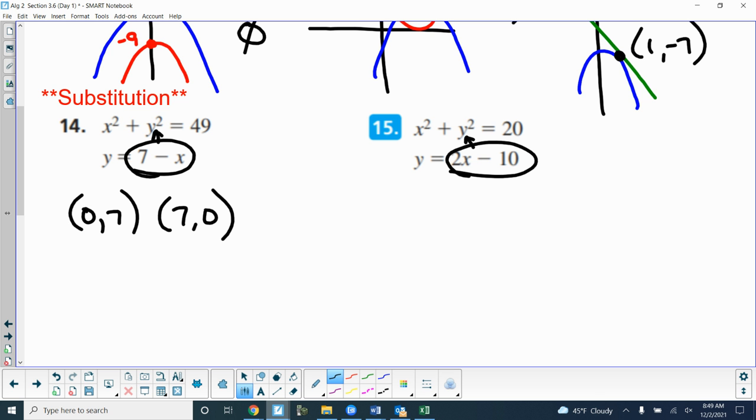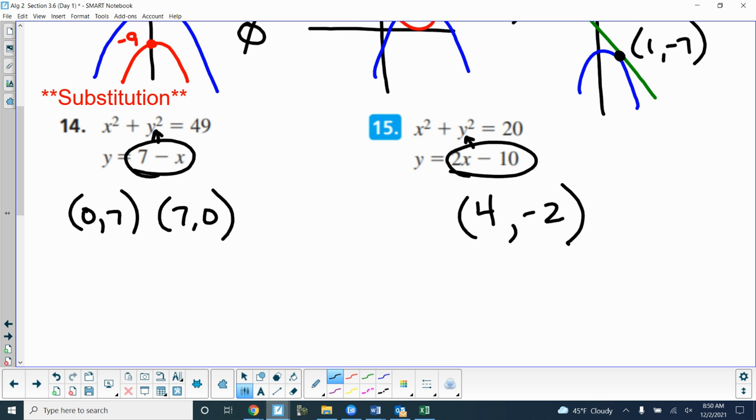So the line goes through the circle. So there's 2 points of intersection. For 15, you get 1 answer for -2. So the line is tangent to the circle. It only hits it in one spot.